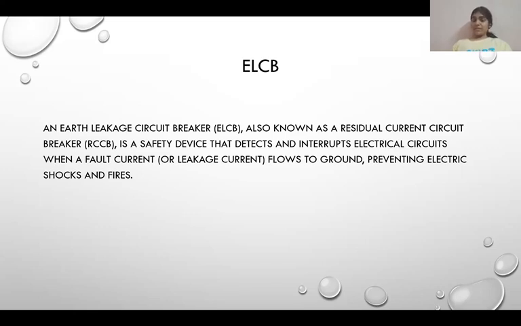The difference between MCB and ELCB is that both are used for safety purposes, but ELCB is used for the prevention of shocks and fires, and MCB is used for the prevention of overload or short circuits.